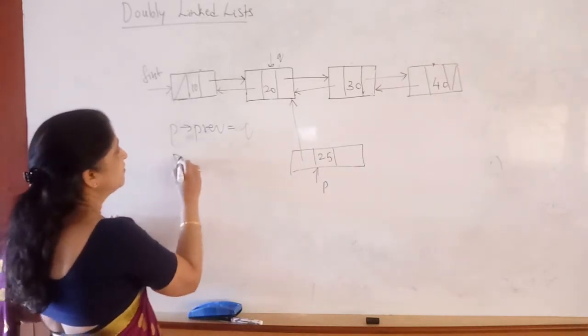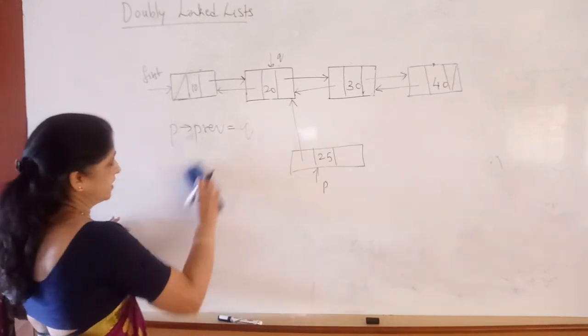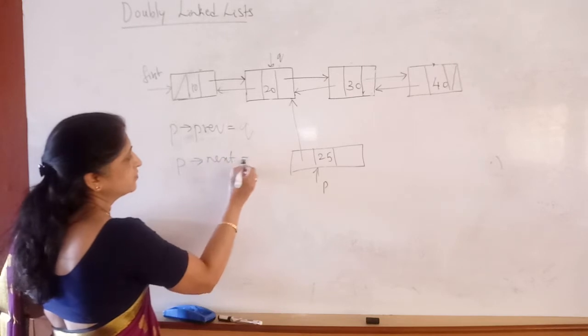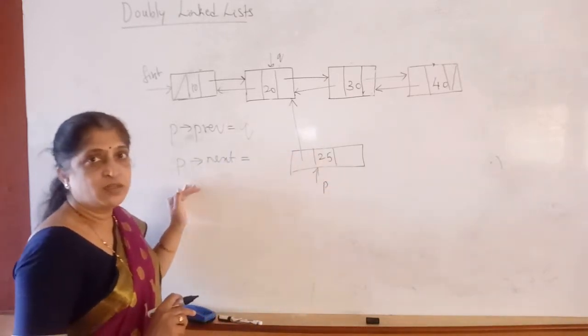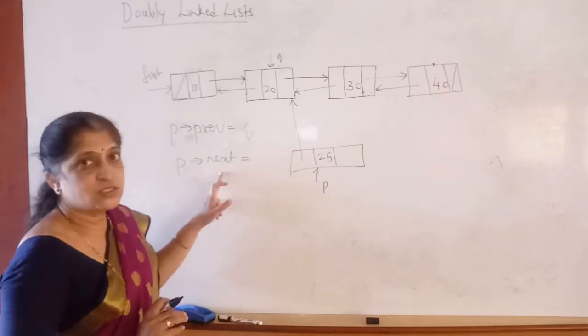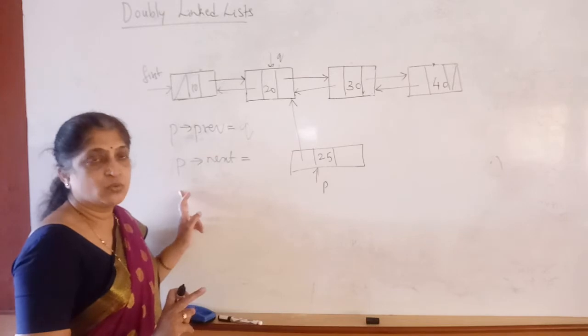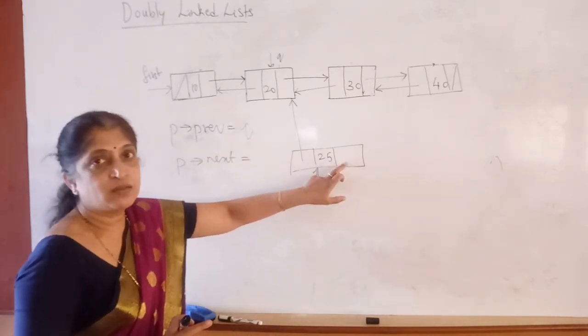Then I write into the P next field. That is P next. I am trying to write into this node. What does this mean? I am trying to access the next field of the node to which P is pointing to. What do I have to write here?